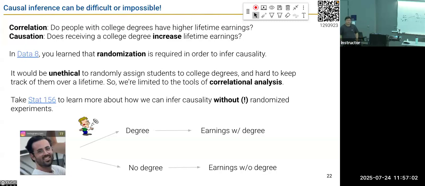We have a class called Stat 156 that's entirely on causal inference. In that class, you will learn about methods that can establish causality, or slightly weaker versions of causality, without doing randomized experiments. They're quite cool. It will also win you a Nobel Prize if you make big advances in this area.